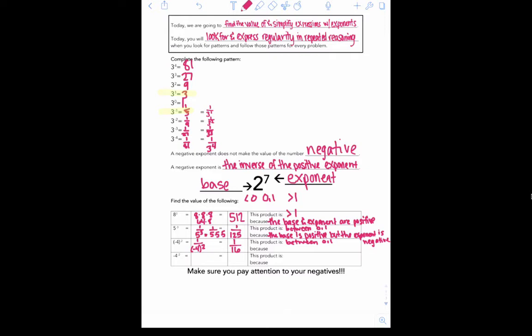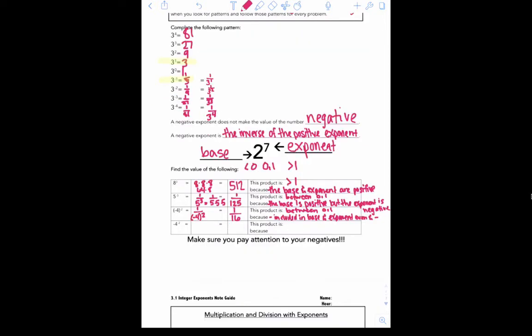It's between 0 and 1 because the negative is included in the base and the exponent is a negative even number. Now realize if this exponent had been odd, we would have had a negative times a negative times a negative, which would have made this value negative. So that's why it's important to notice and write down that the exponent is even.